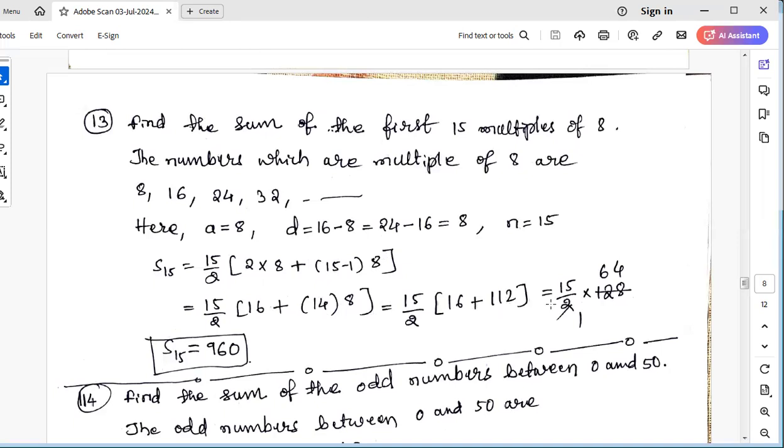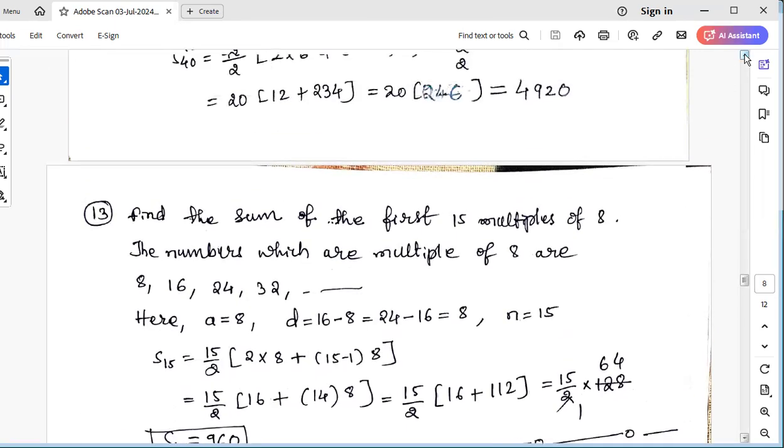So this is equal to 15 by 2 into 16 plus 112 is 128. Here you make some cancellation: 2 ones are 2, 2 sixty-fours are 128. So 15 into 64 gives 960. So this is the sum of the first 15 terms which are multiples of 8.